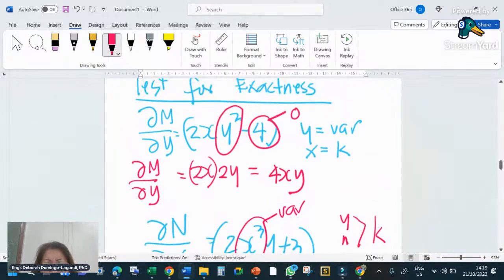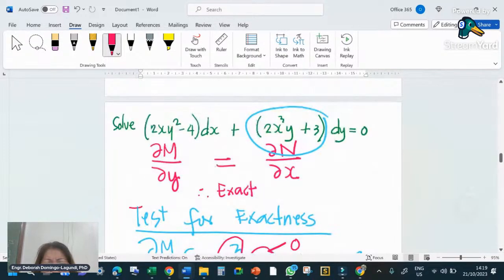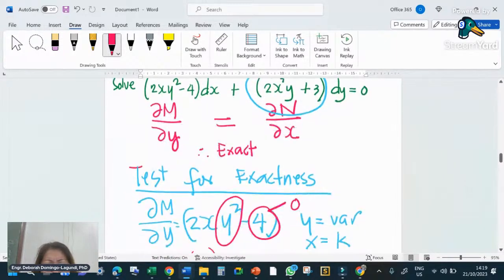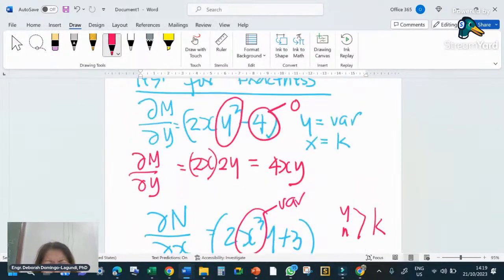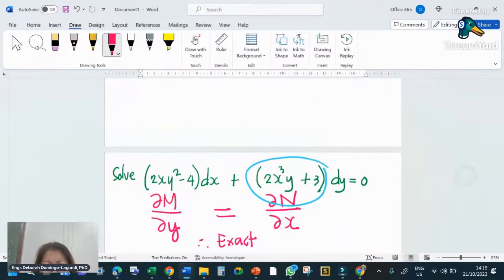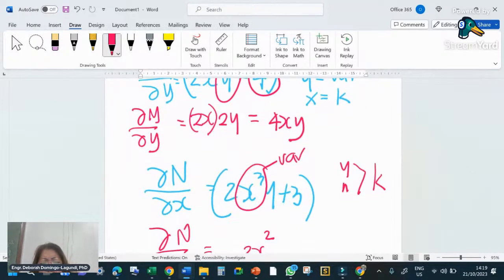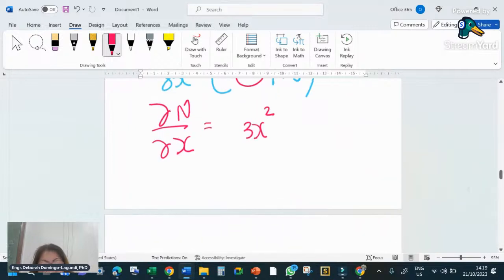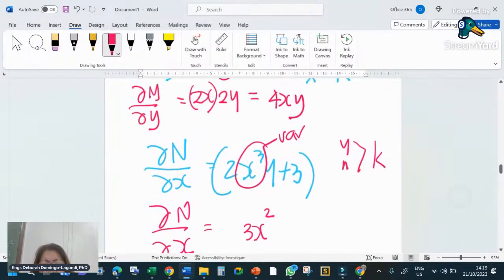3x squared. So that will be, hang on, 2y, 2x. And the other one is, copy the others, 2 and y. That's constant.